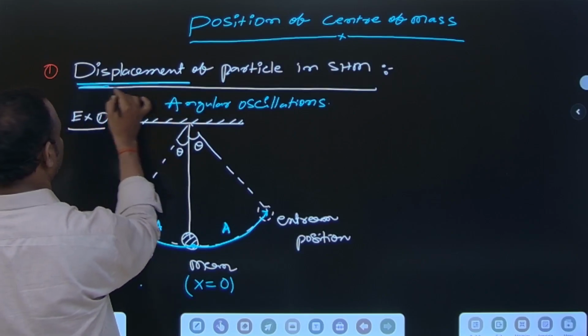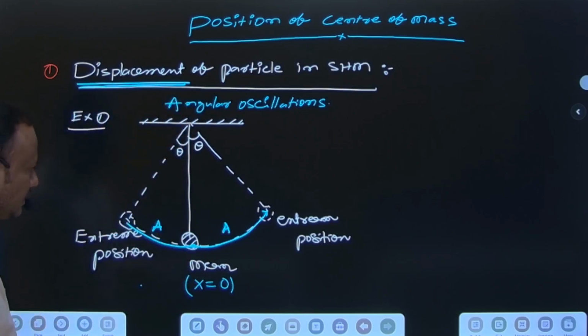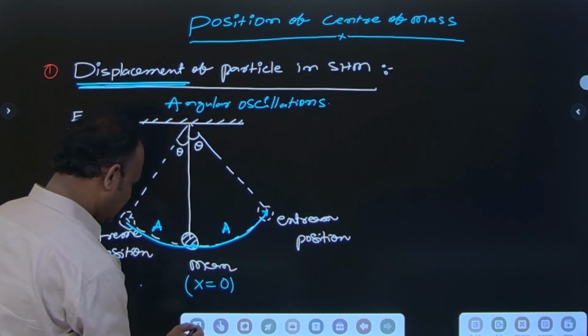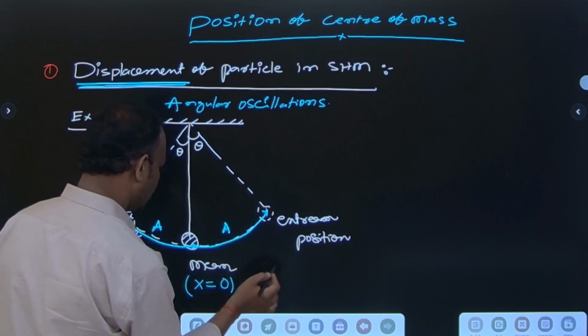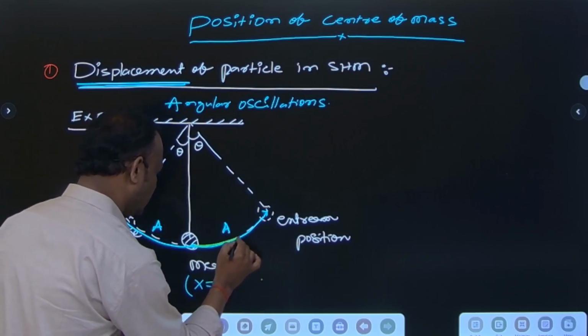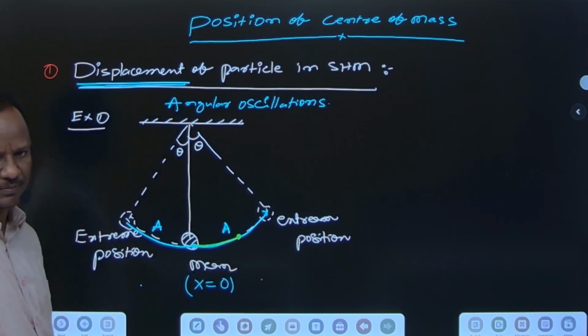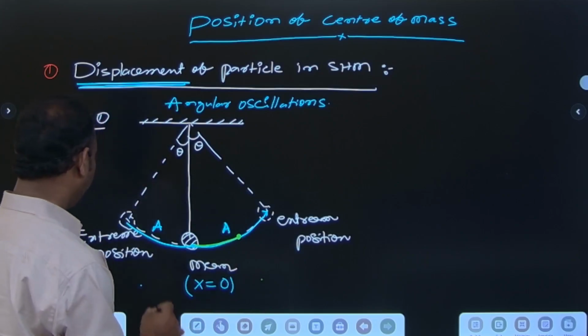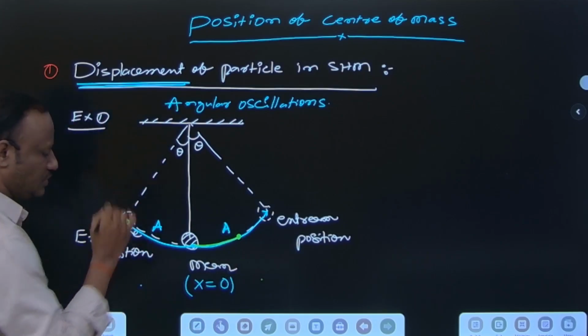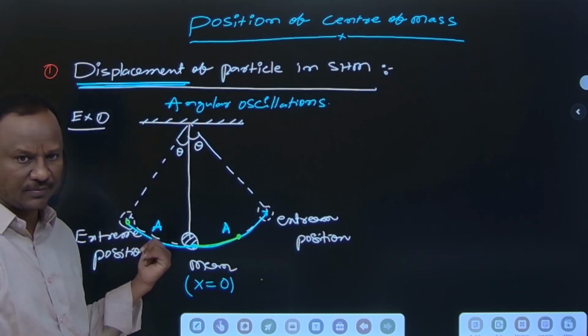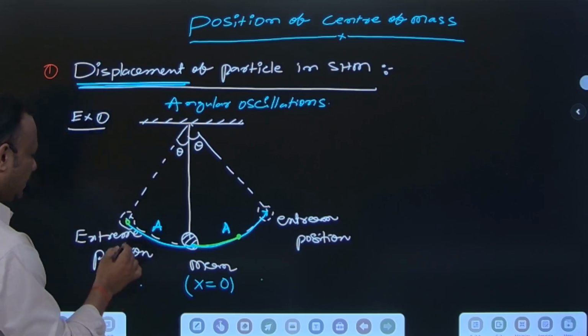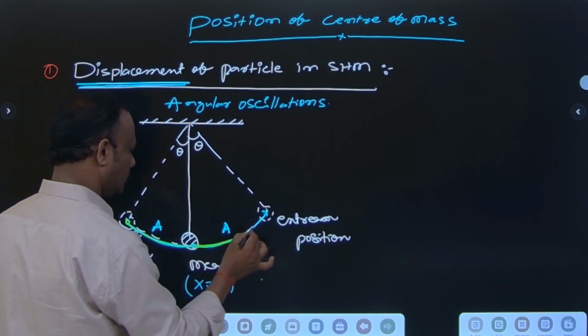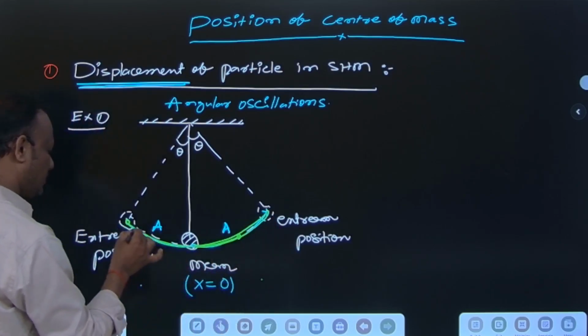What is the displacement? The displacement of the particle from here to here. For example, if it started from the extreme position, it moved from here and again came back to the same point.